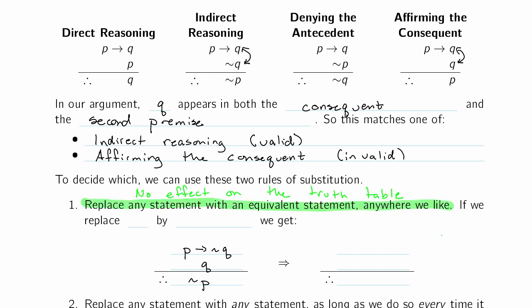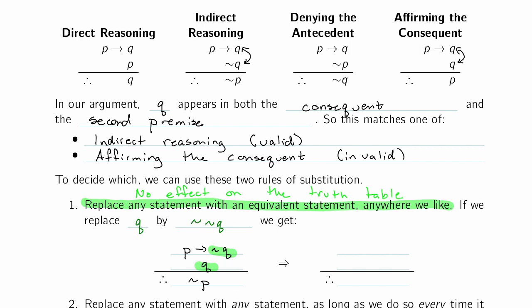And let's see. Well, the thing that's causing us trouble is that we've got a not Q here and just a Q here. So maybe what we'd like to do is to replace our Q. Well, we'd like to have a not Q. Those aren't equivalent.